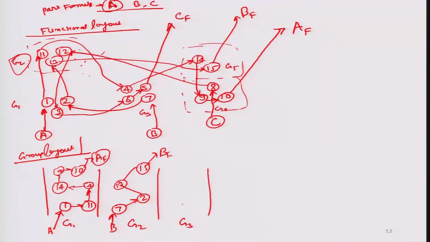For part family C, it will first enter machine 8, then go to 12, then machine 3, then machine 6, then machine 5, and finally come out as a final product.